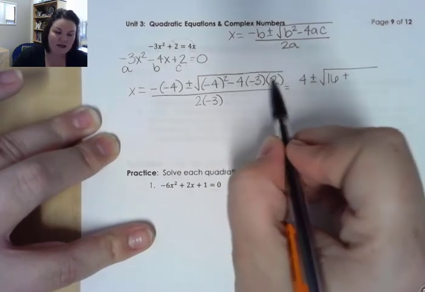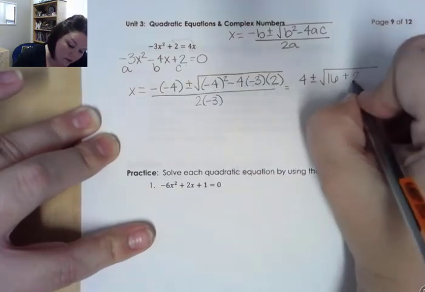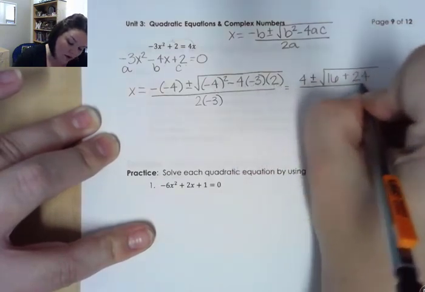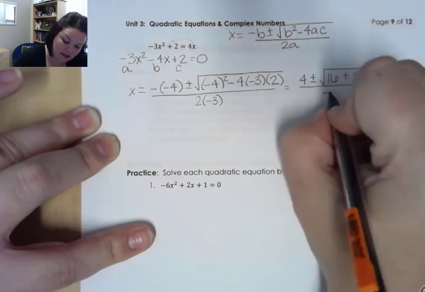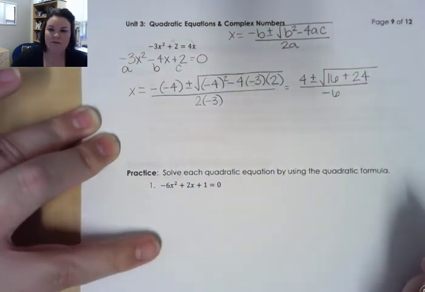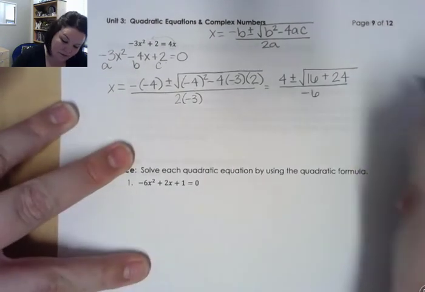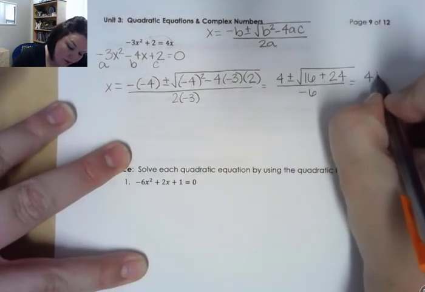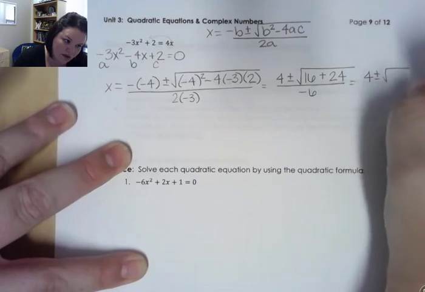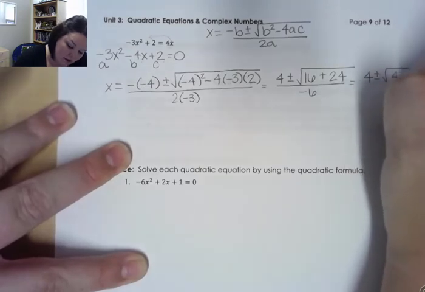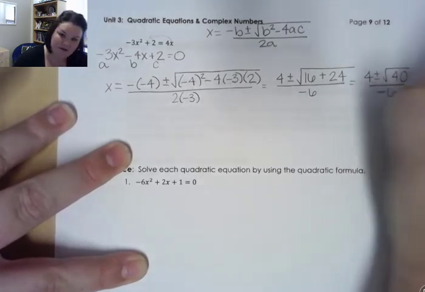And 4 times 3 times 2 gives me 24, all over 2 times negative 3, which is negative 6. Okay, so I want to go ahead and combine what's underneath my radical here. So I end up with 4 plus or minus the square root of 40 all over negative 6.